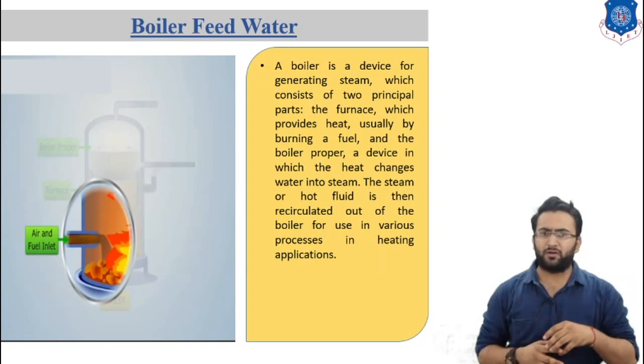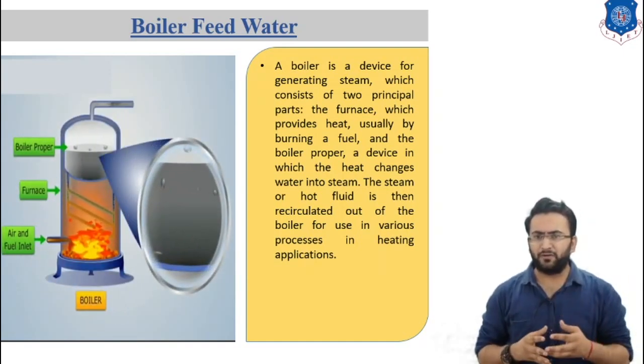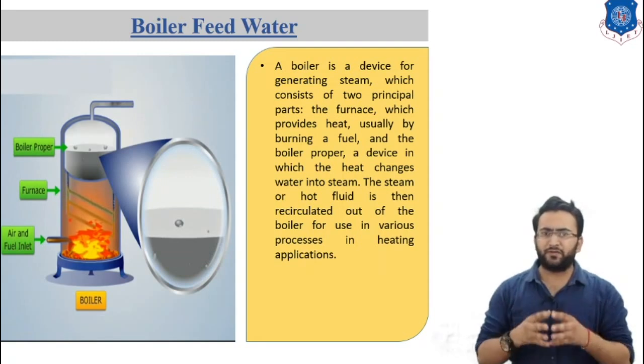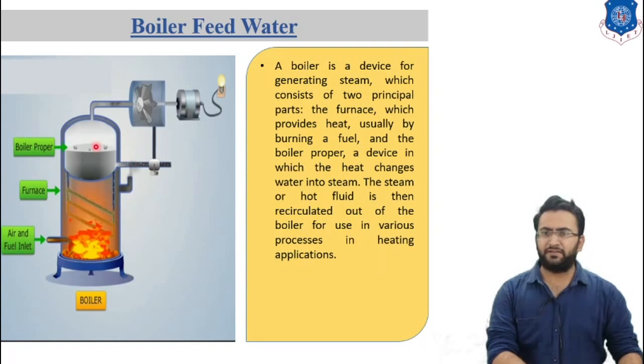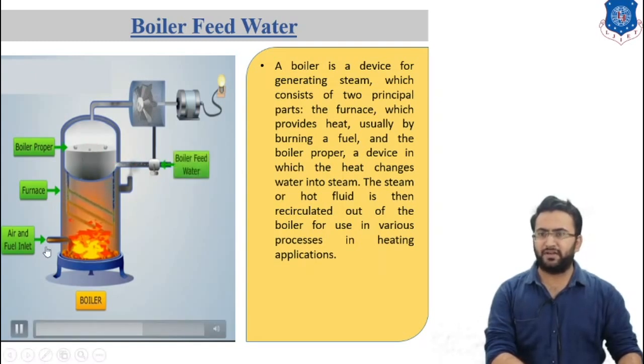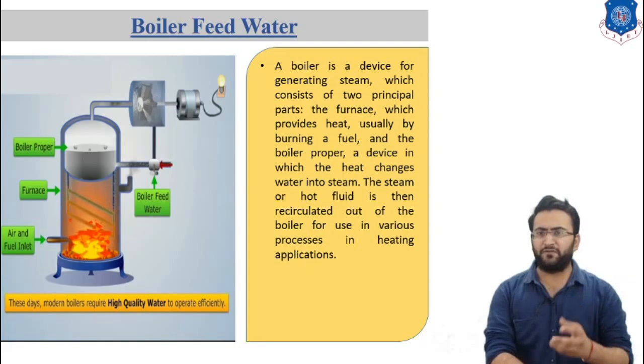The steam or hot fluid is then recirculated out of the boiler for use in various process and heating applications. You can see that this is one type of boiler, which contains air and fuel inlet. This is the inlet for the water. The water which enters a boiler is known as boiler feed water.